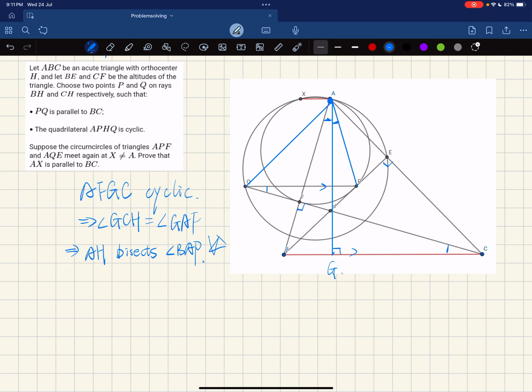So that's a very important thing that we can get. And let's continue. According to the things we have, there are the circumcenters of two triangles, AFP and AQE. So we connect the points to make these triangles.